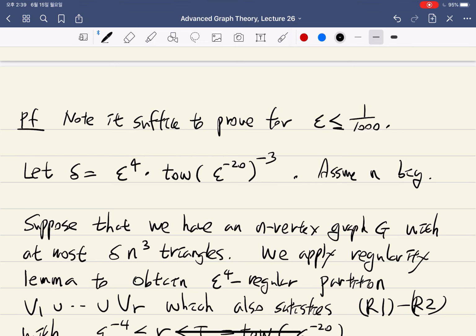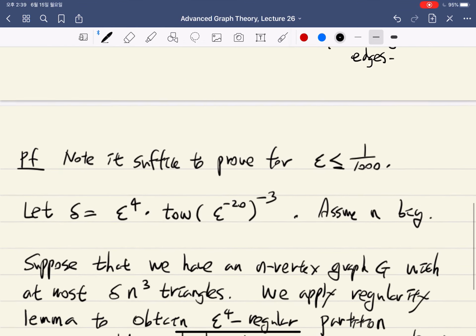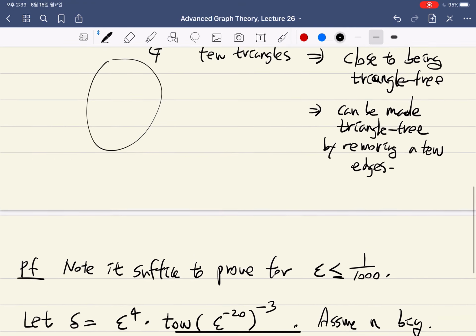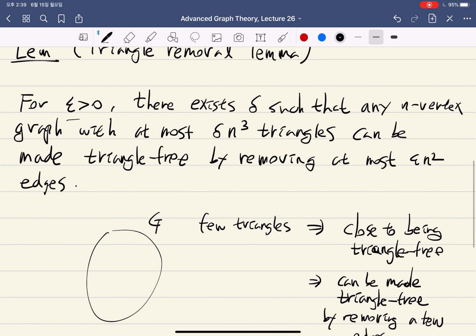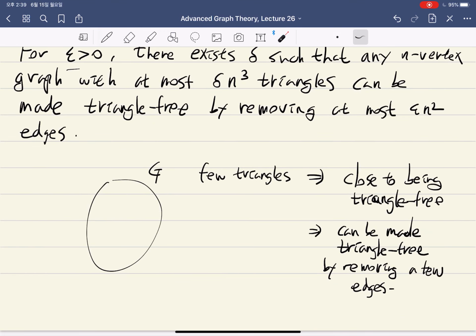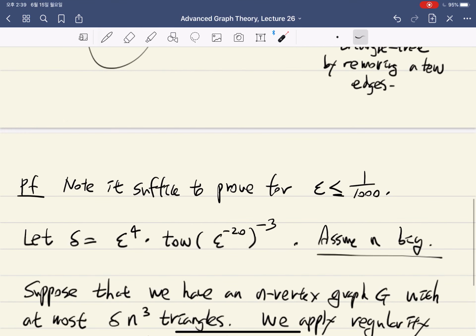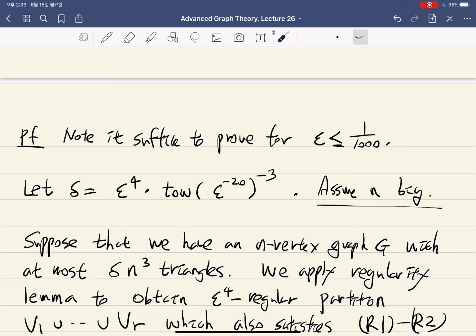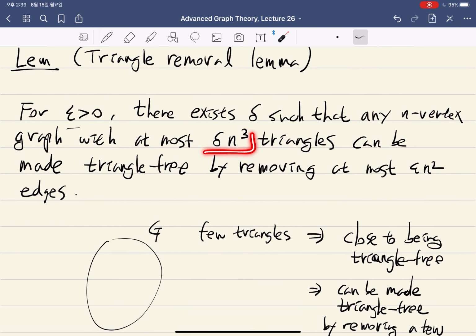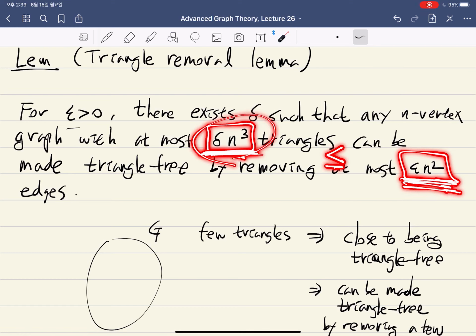Yeah, because if n is not big, then since we take the delta small enough, this actually becomes this number, and if n is small, then this may be smaller than that, so then we just delete 1 edge from each triangle, and then it's enough.